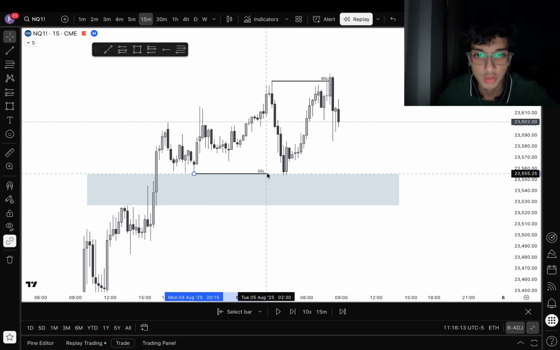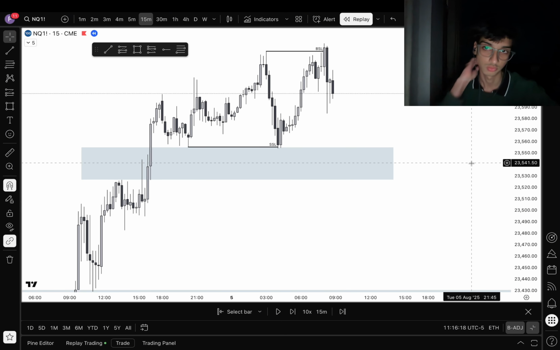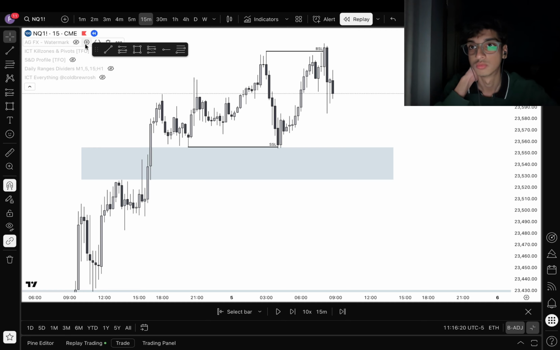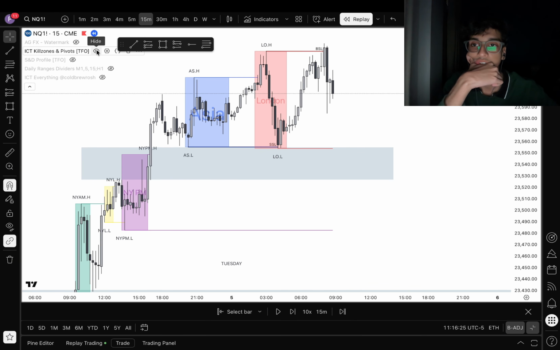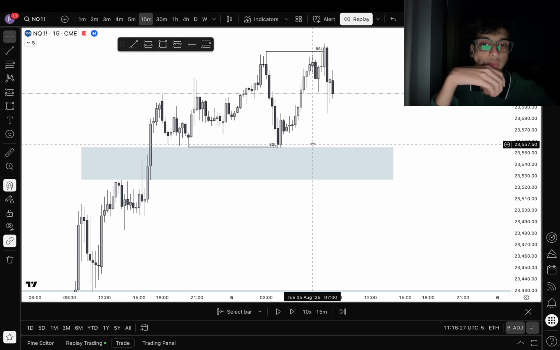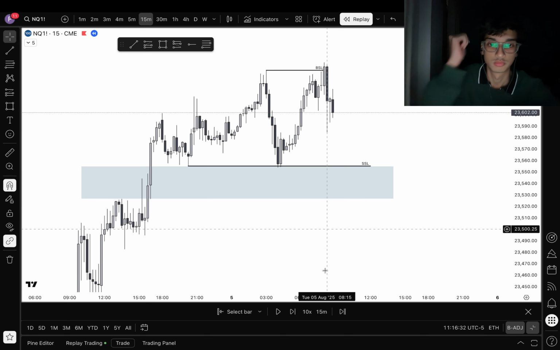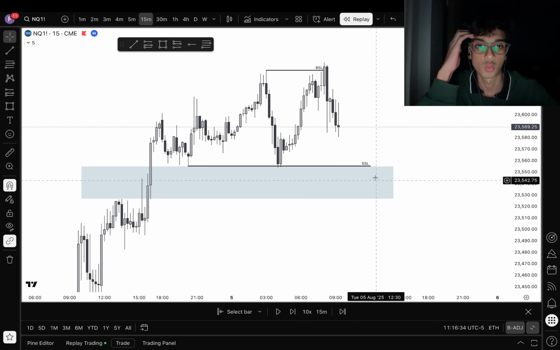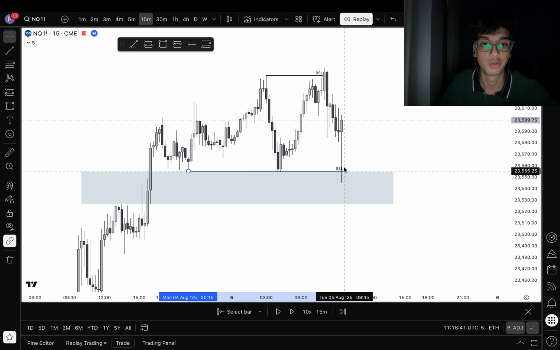No, we don't have equal lows. I think we ended up sweeping the sell side liquidity. London session low is still resting. I think it's kind of equal, guys. Okay, sweep out this sell side liquidity.